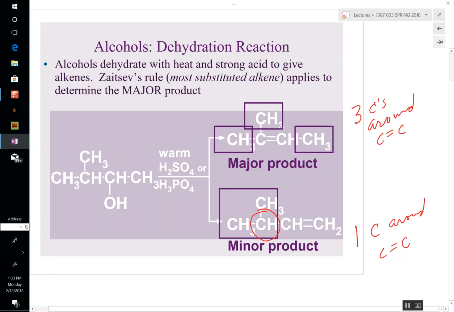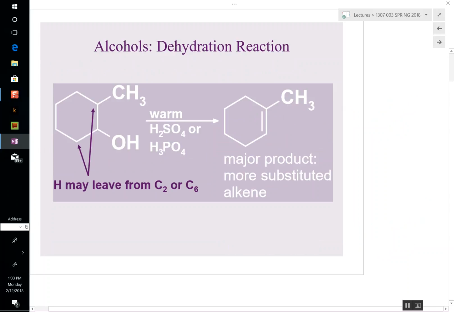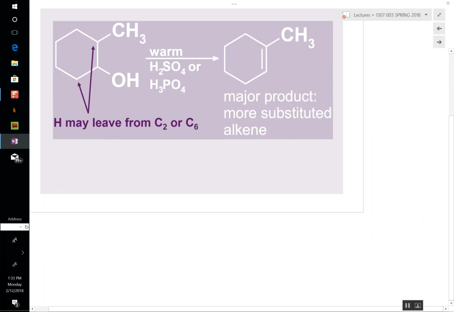Okay, let's look at one more example. I'm going to draw this down here. And there's a hydrogen.